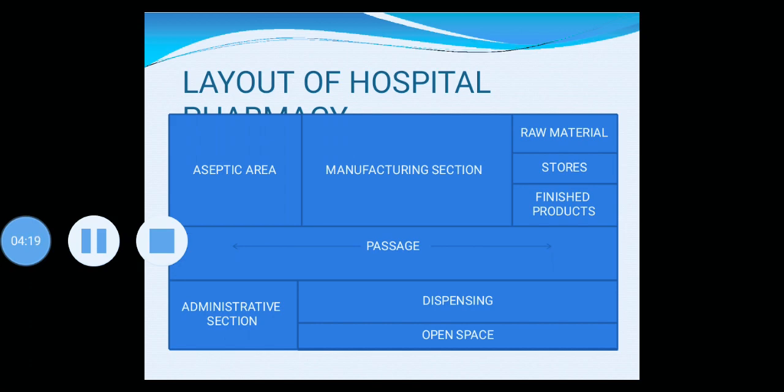In the manufacturing section there are different manufacturing parts such as tablets, capsules, large volume parenterals, suspension, and emulsion. Then the raw material section: you can purchase different raw materials, then evaluate them through different tests. For example, you can purchase turmeric, then study the physical and chemical properties, with chemical tests and physical tests such as microscopy and morphological study.